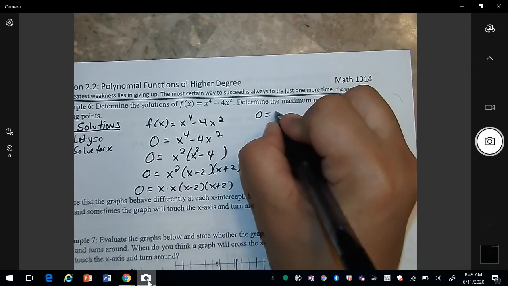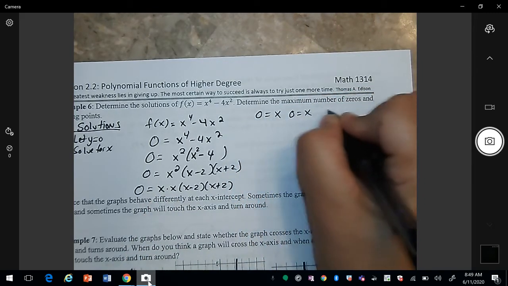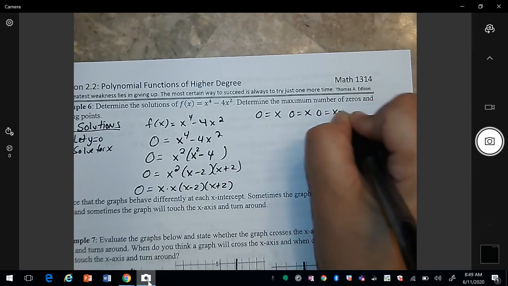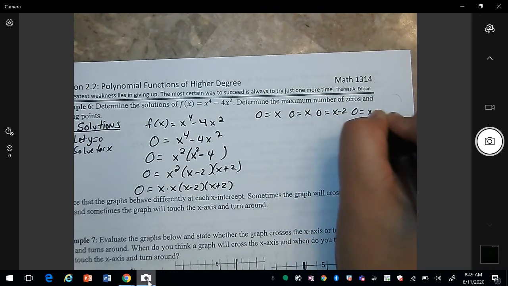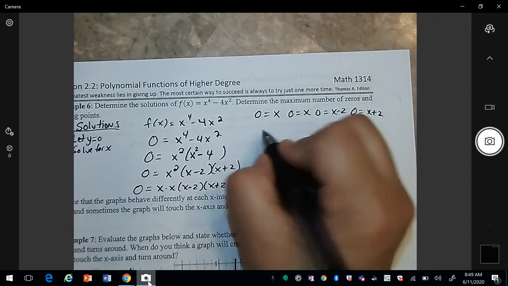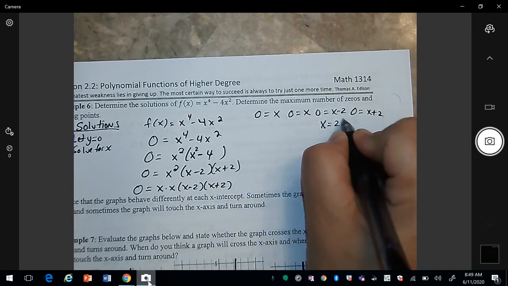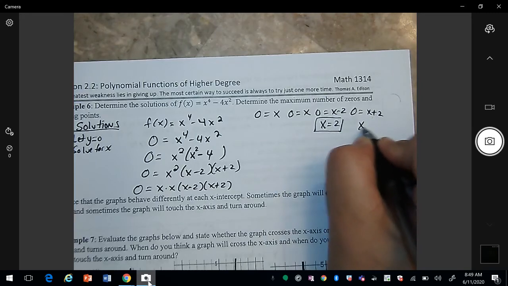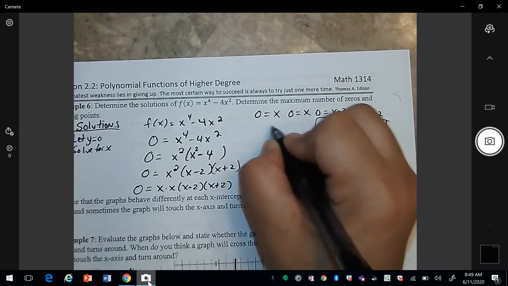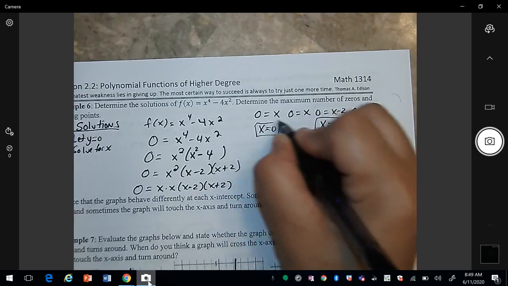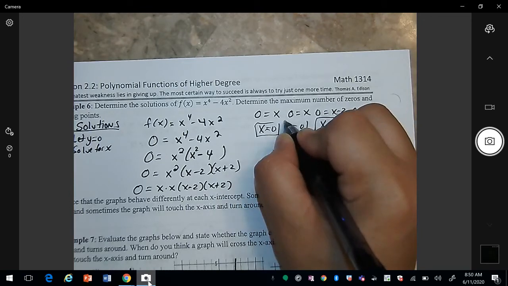So now I can say 0 is equal to x, 0 is equal to x, 0 is equal to x minus 2, and 0 is equal to x plus 2. So my zeros are going to be x equals 2, x equals negative 2, x equals 0, and x equals 0.